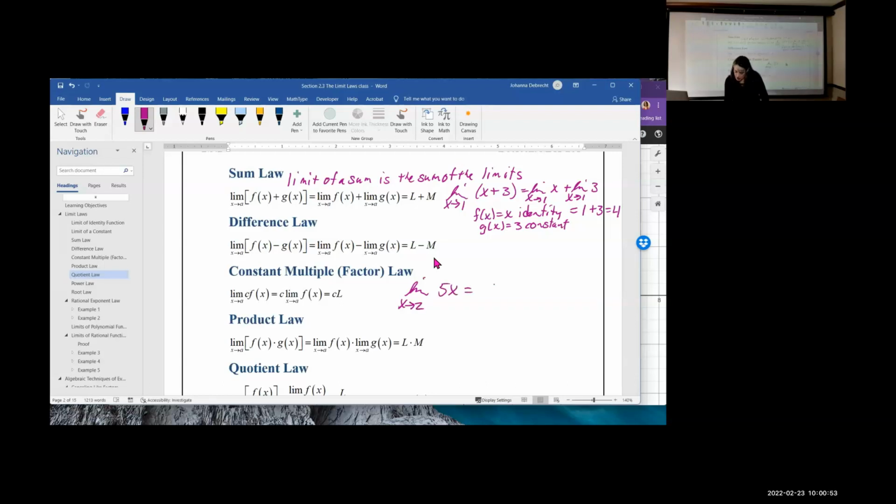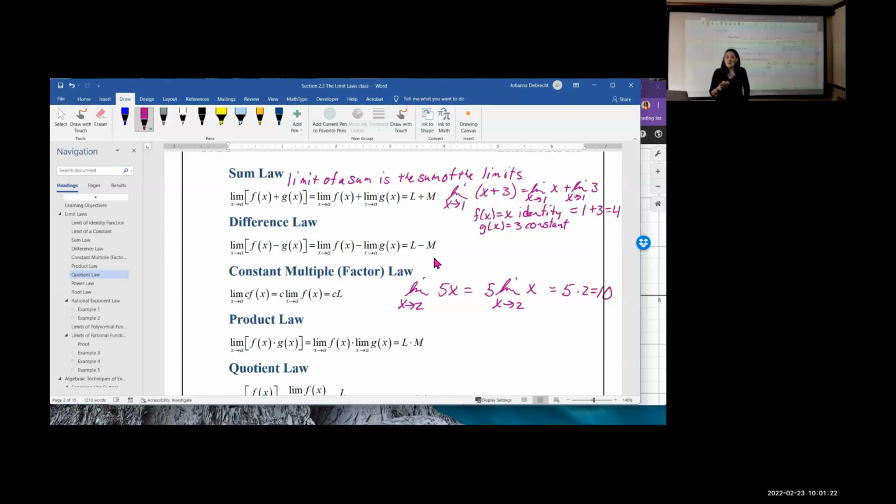The 5 is a constant, and it says you can factor the constant out of the limit and then take the limit as x approaches 2 of just the identity function x, which should give me 5 times 2, which would come out to be 10. All right, so we're doing these algebraically, not by looking at the graph and not by creating a table. So we're evaluating them algebraically.